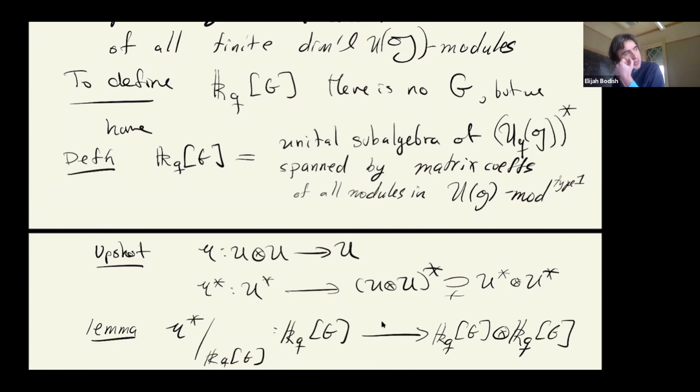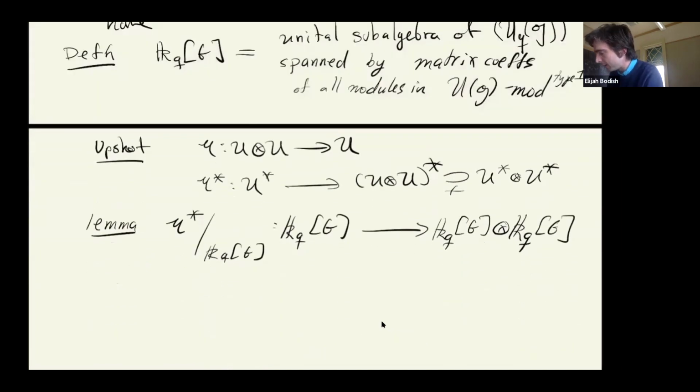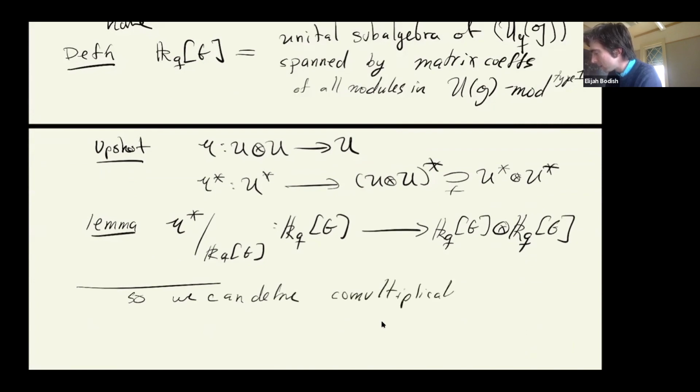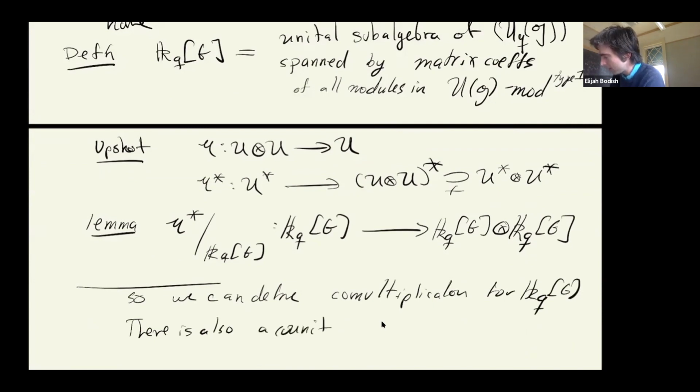And so that's partly the reason for introducing this and not studying the whole dual of the enveloping algebra from the start: this allows us to define a co-multiplication for K_q[G]. There's also going to be a co-unit and antipode. So K_q[G] ends up being a Hopf algebra.